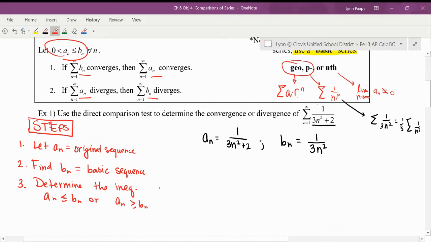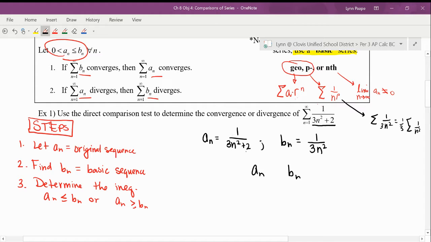I want to figure out which has the larger terms, term by term. Which way should this inequality go? Which one of these generates larger term sequences? When n is 1, which one would be bigger? When n is 2, which one would be bigger?